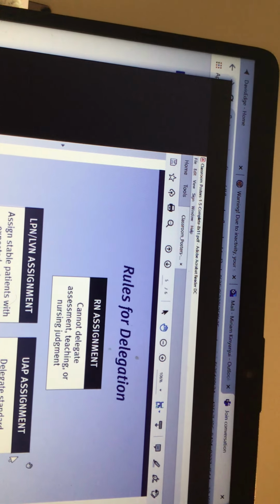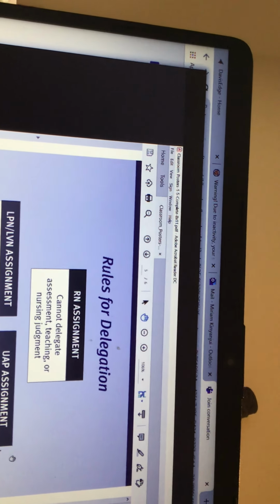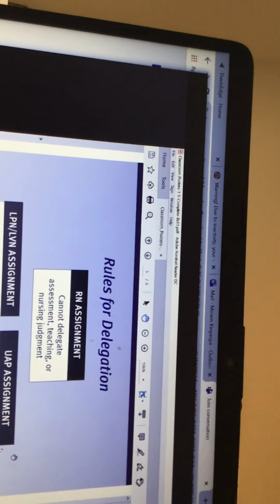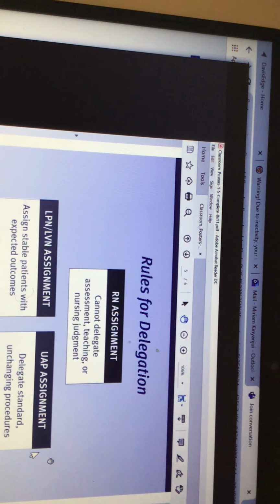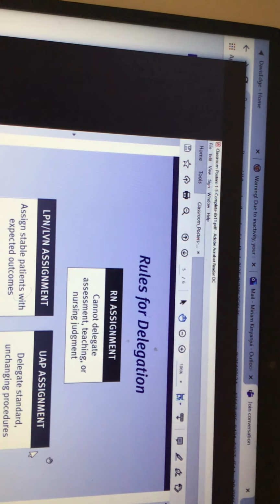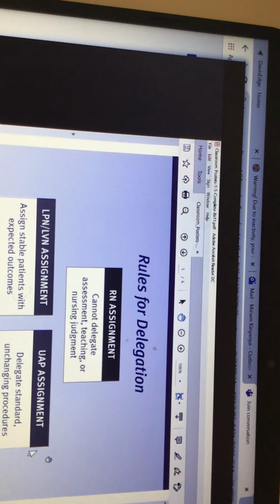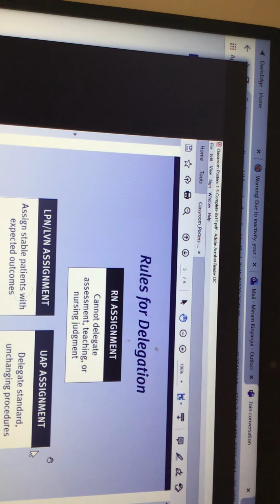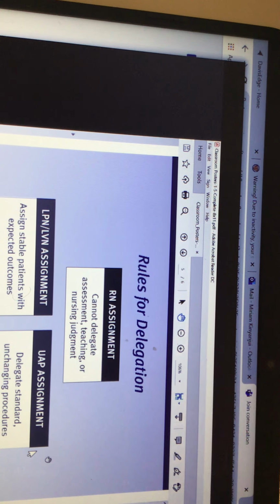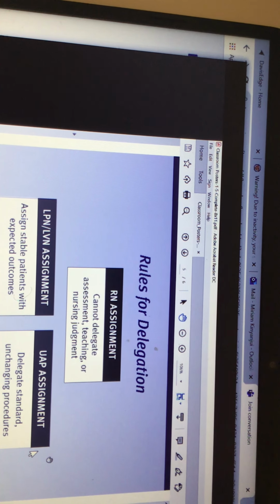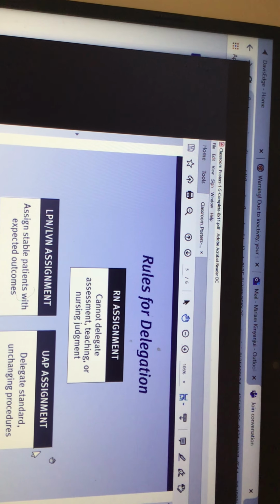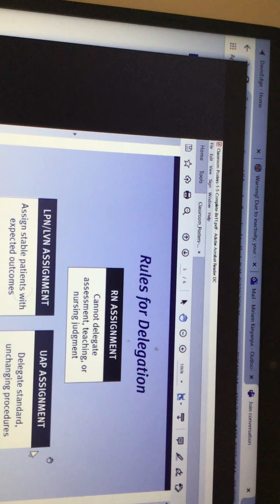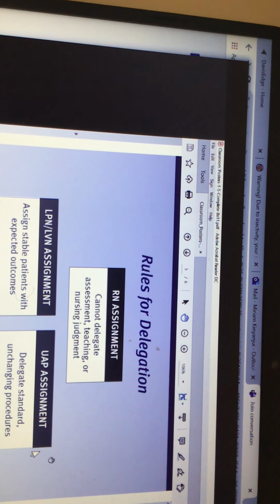That's not gathering data. I know there's a fine line. So if you are assessing, you're doing something to make a decision. An RN is the only one that can do that. But you as an LPN can gather all kinds of data and give it to the RN and let her make the decision, and then you will go carry it out.